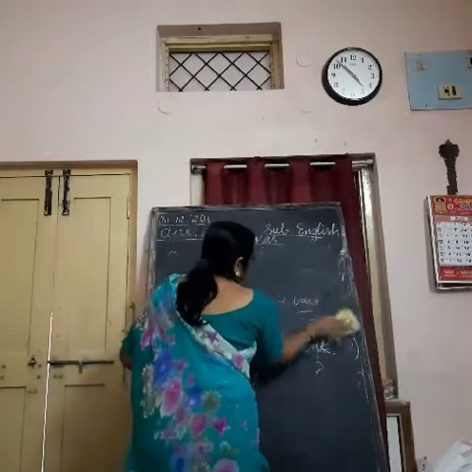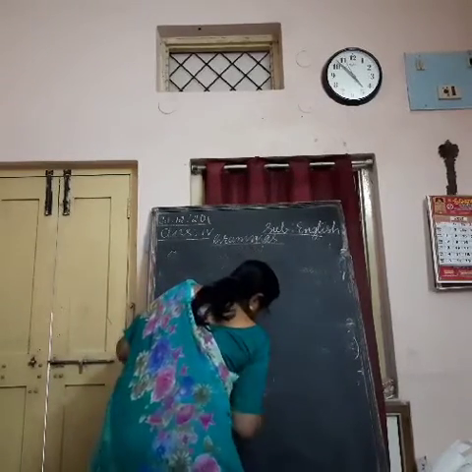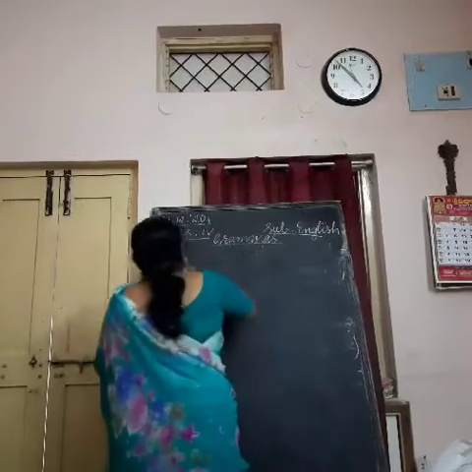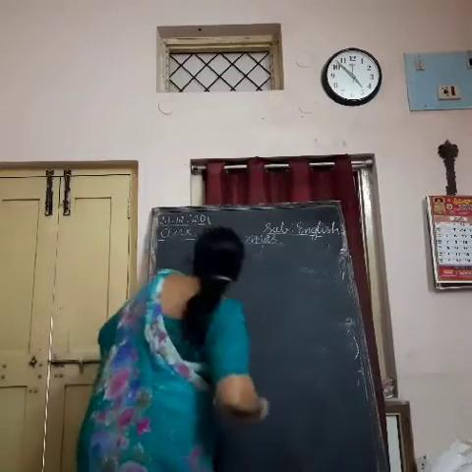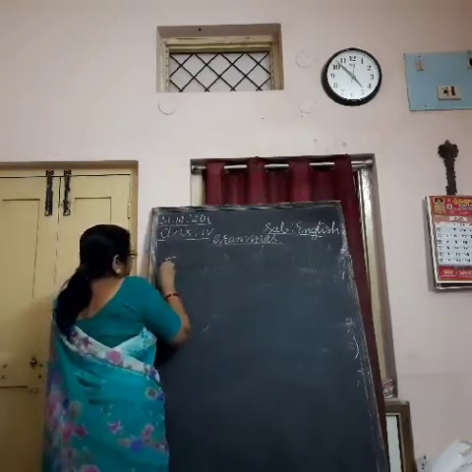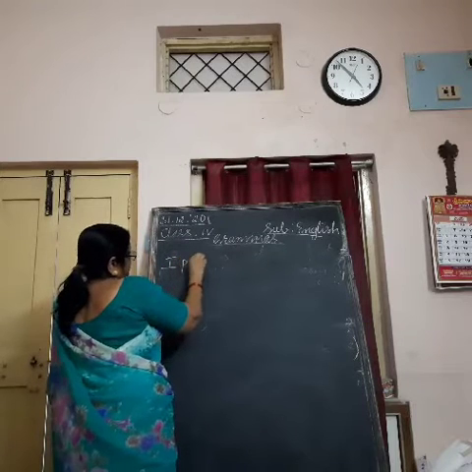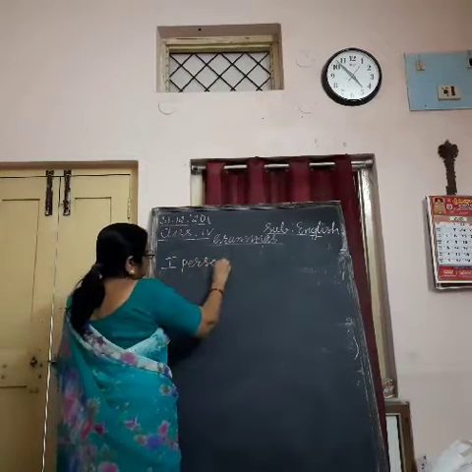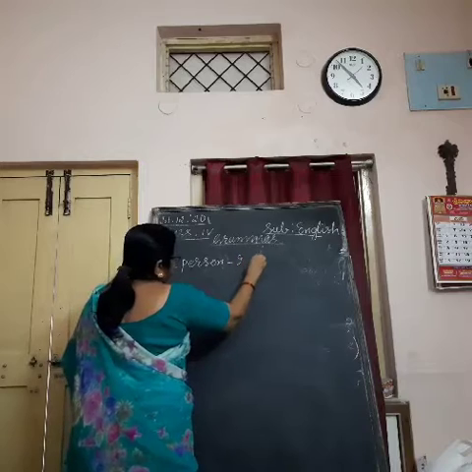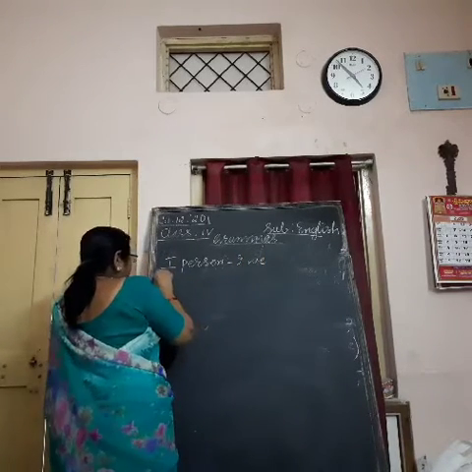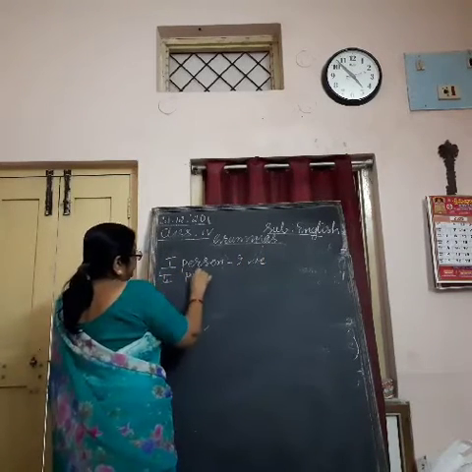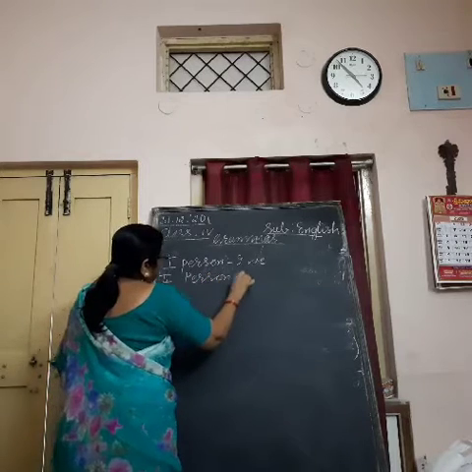Tomorrow one more class we will have for changing the sentences. Here, first person, what we will have? I, we. Second person, we will have you.